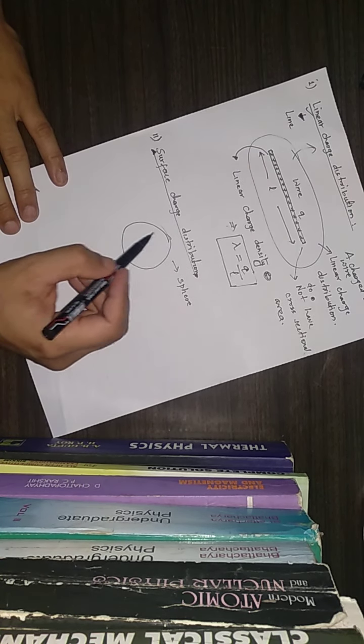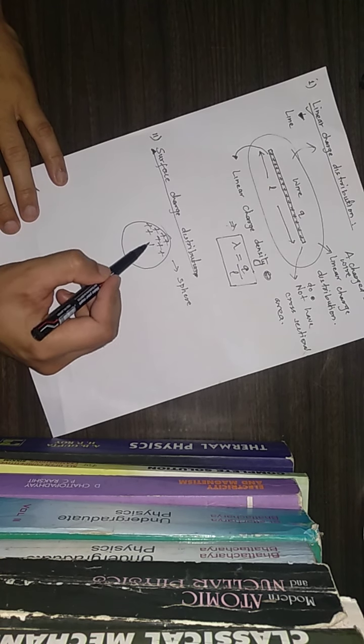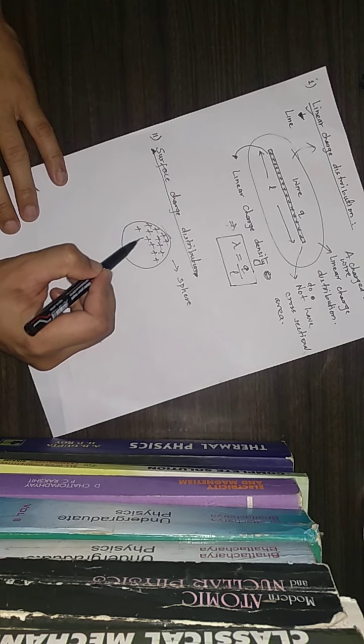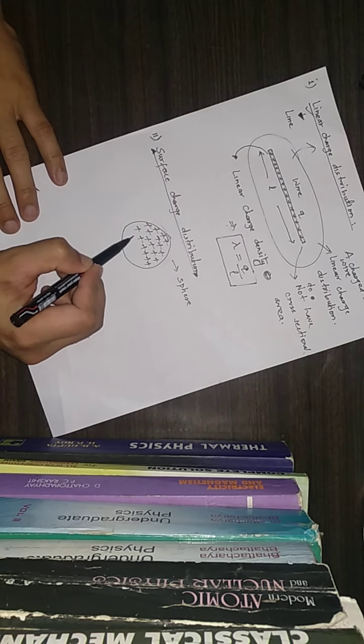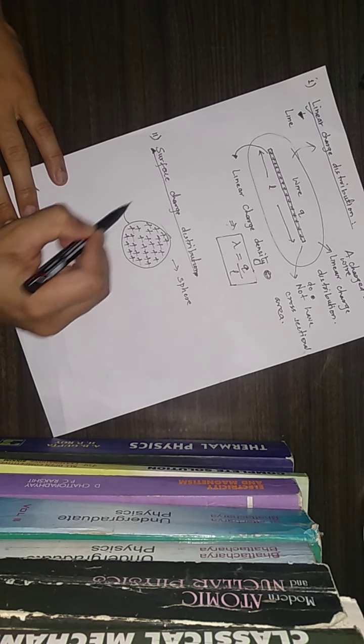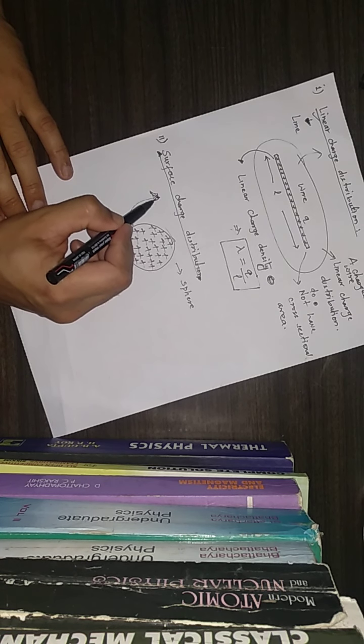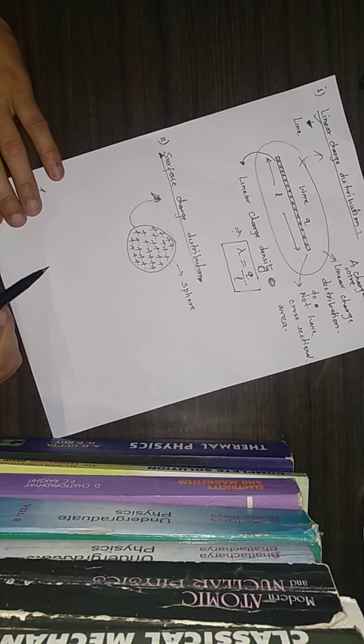Suppose the curved surface area is full of charges, then we treat these charges to be continuous in nature, and this distribution is known as surface charge distribution.